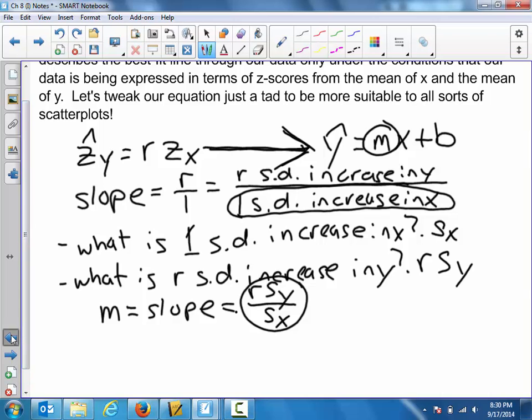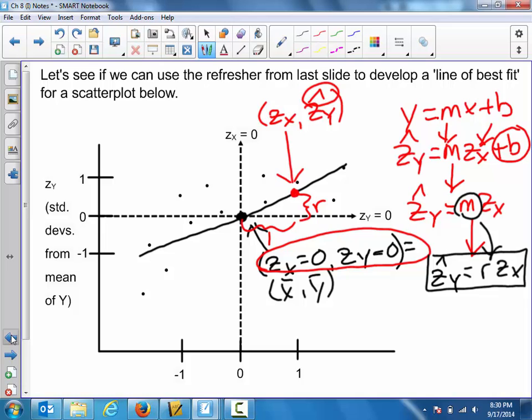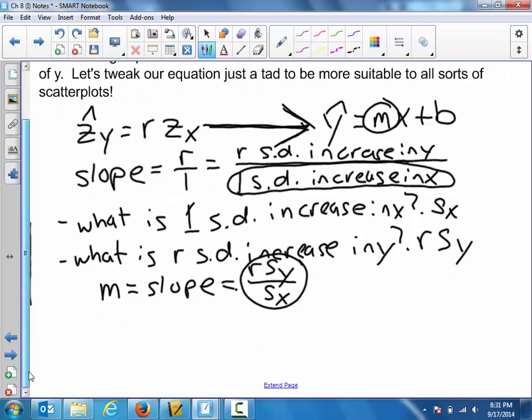Okay. Secondly, how do we get the b value? Well, remember last slide we talked about the fact that our best fit line is going to go through the very center of the data. We mentioned that the best fit line will run through the mean of x and the mean of y. So we can update this as follows.